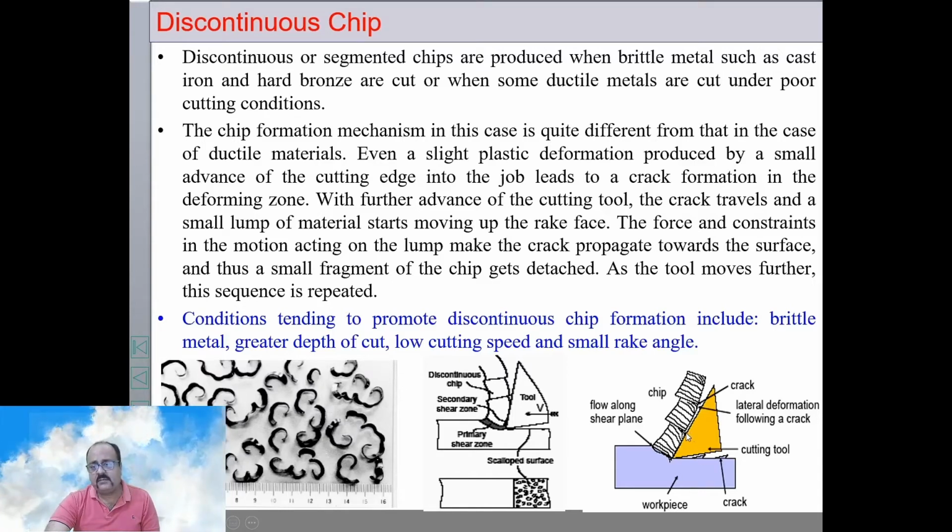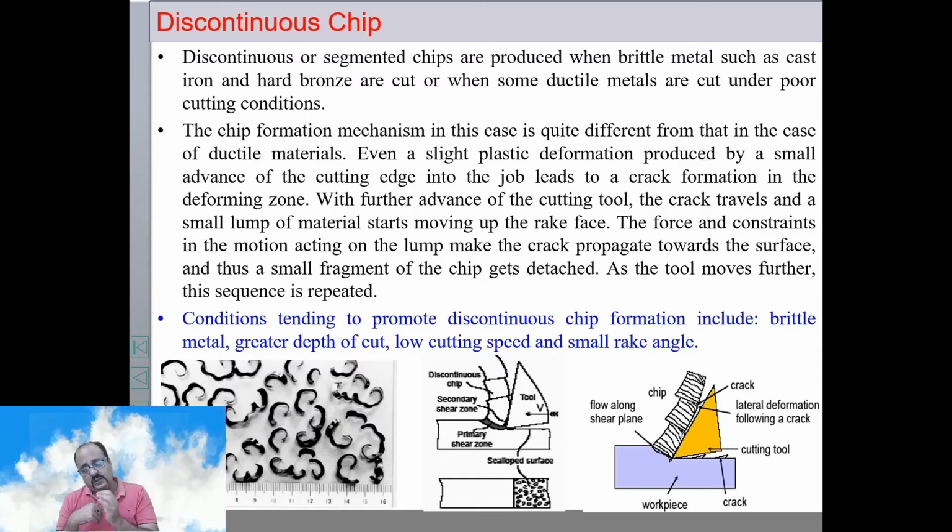Now, by the time it separates, this length moves up the face. So, a small length exists as a chip. As we are deforming it, it fractures initially near the tip of the tool, in the workpiece. This fracture travels slowly to the surface and gets separated from the workpiece material and moves discontinuously over the face of the tool.